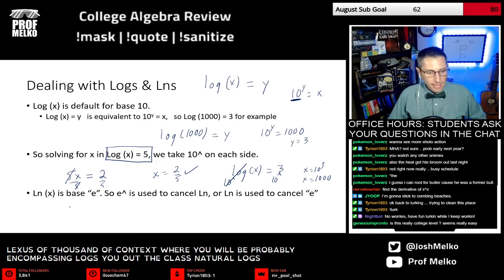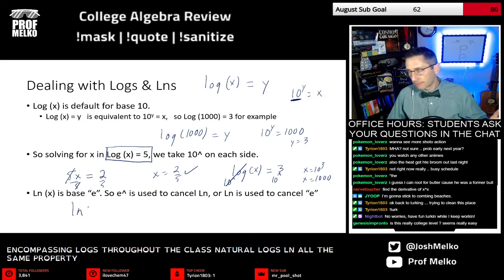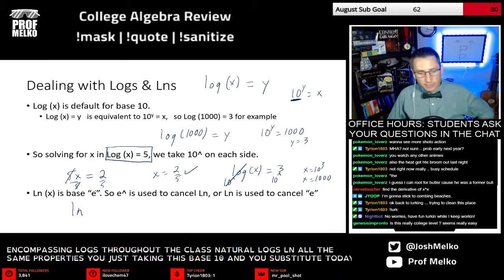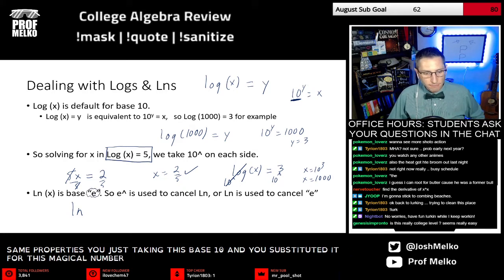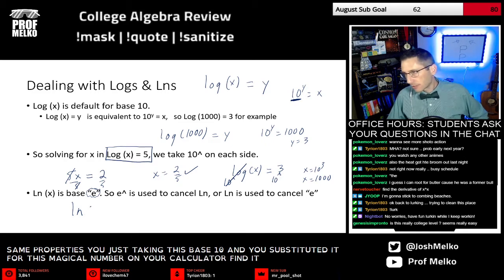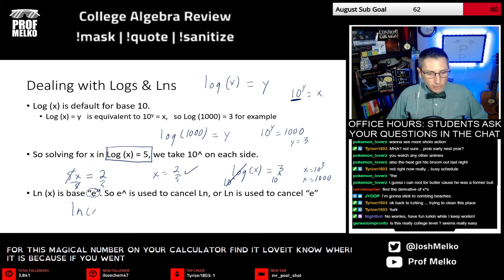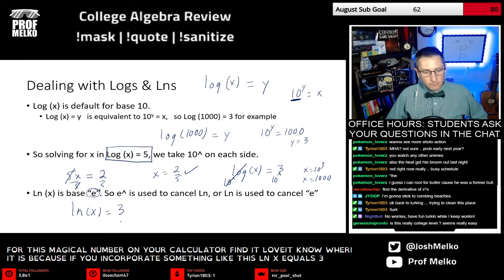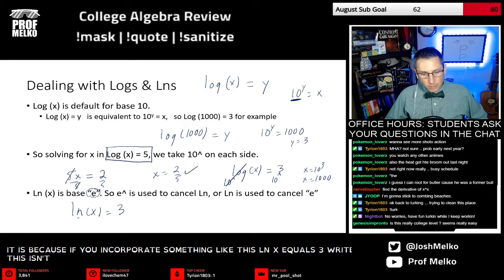Natural logs, ln, have all the same properties. You've just taken this base 10 and substituted it for this magical number e. On your calculator, find it, love it, know where it is. Because if you incorporate something like ln x equals 3, that's not 10 to, that's not how I'm canceling natural log.